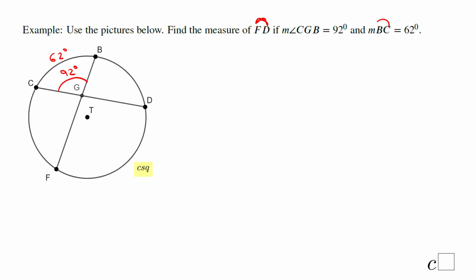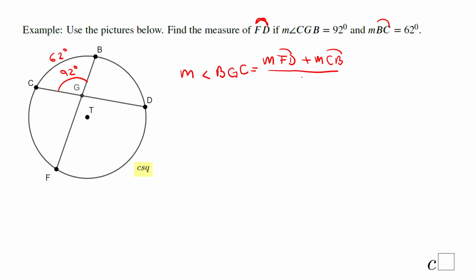So here, what can we do? I'm going to write the formula. The measure of the angle BGC, that angle formed by the two secants inside of the circle, is equal to the measure of arc FD plus the measure of arc CB, divided by 2.